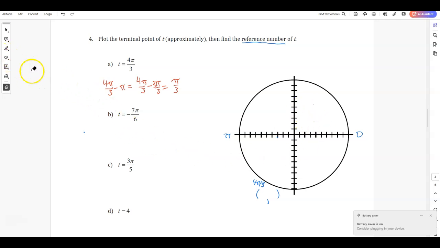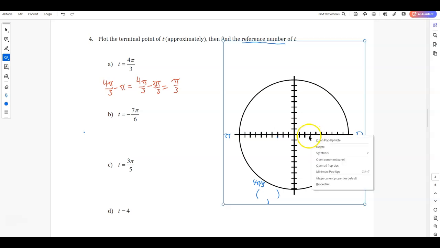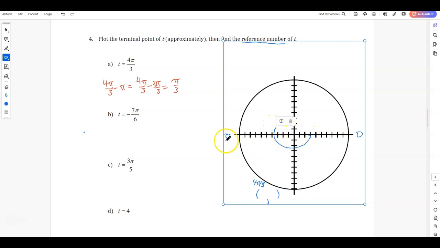This time we are going to switch this back over to my pen, from here in the opposite direction, right? This way. We're going clockwise for negative angles, right? So an angle of negative 7 pi over 6, I'm going to go around this way and end right here, right?